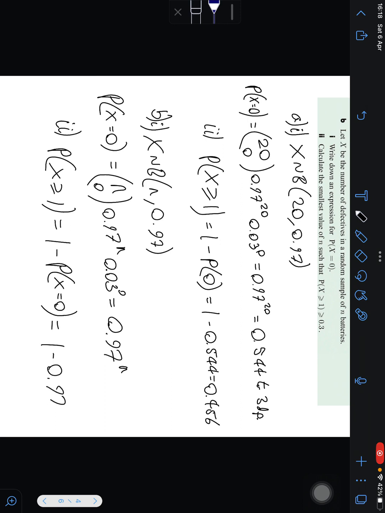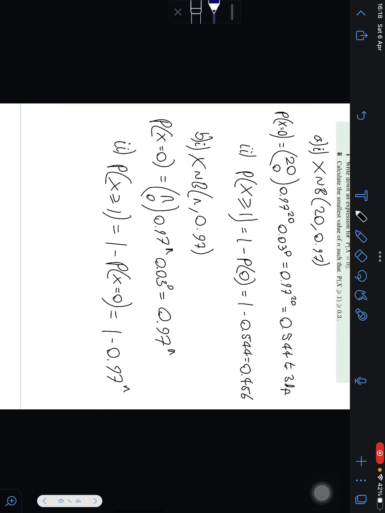So that's the same as 1 minus 0.97 to the power of n. And first of all, I'm going to find the critical point here, which is the point at which n for this function would mean that we get 0.3 out of here. And then once I've found that, I just need a bigger value for n so that I get my value for p that I want.